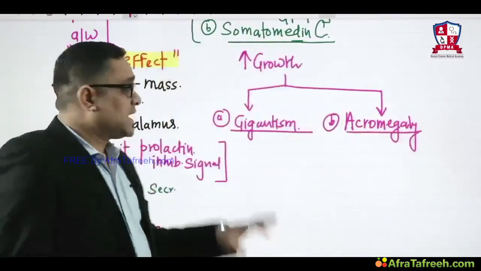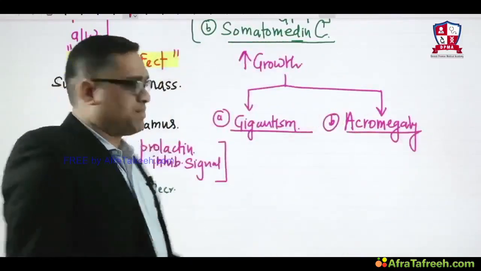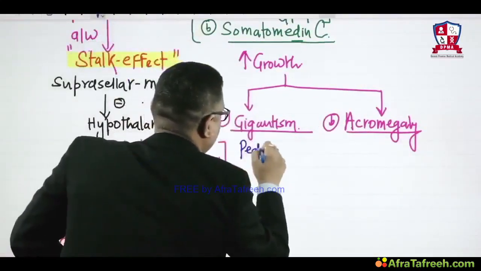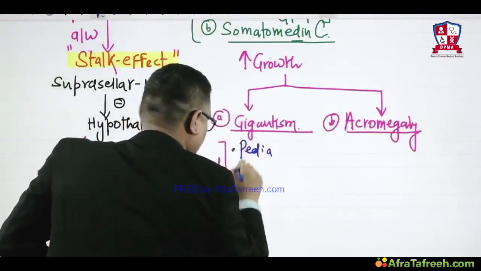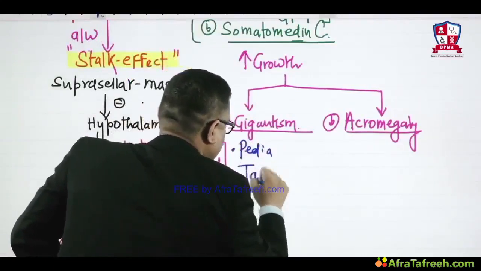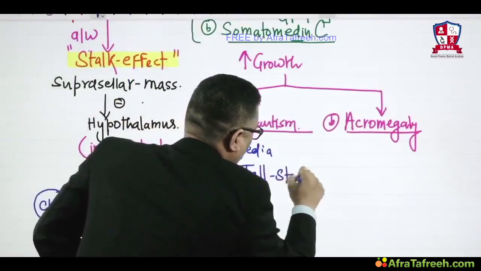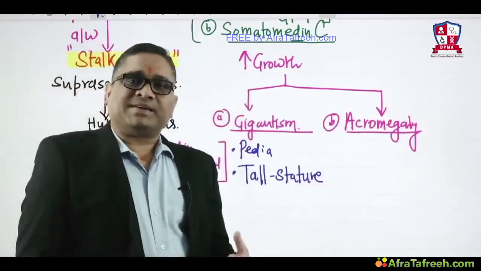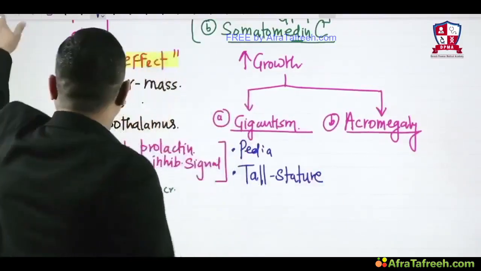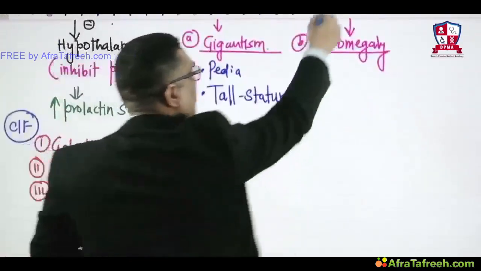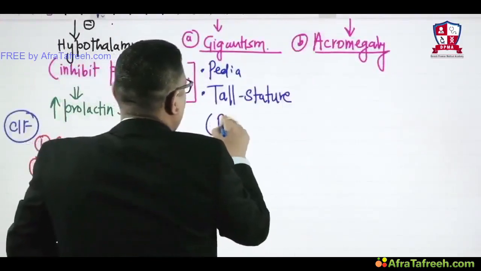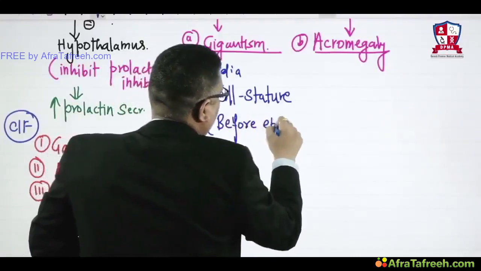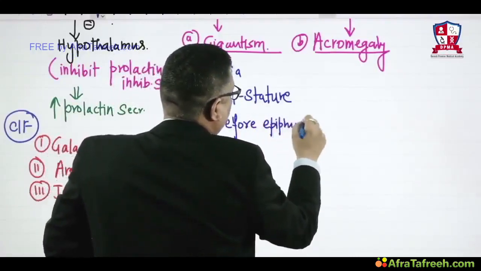What is the difference between gigantism and acromegaly? Gigantism occurs in pediatric patients, so it will be seen in children. They will have abnormally tall stature because it occurs before epiphyseal closure.